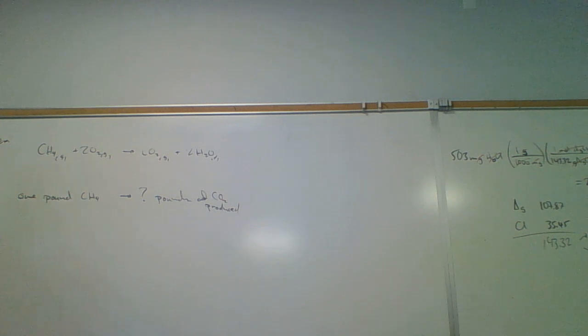So why don't you try this one and see. We would need one conversion factor. That is, there are 453.6 grams per pound. Do you remember that one? That one's going to be a given. You don't have to memorize that.